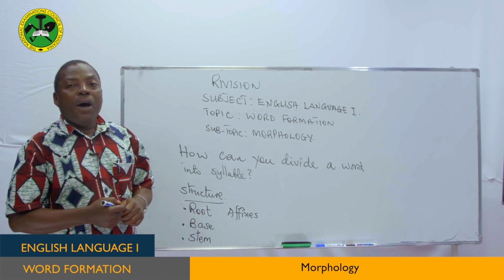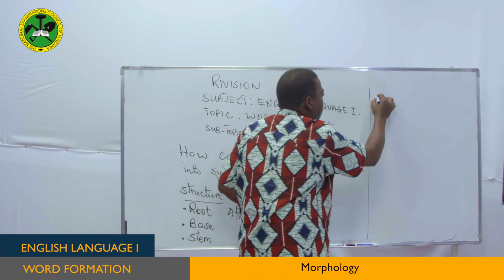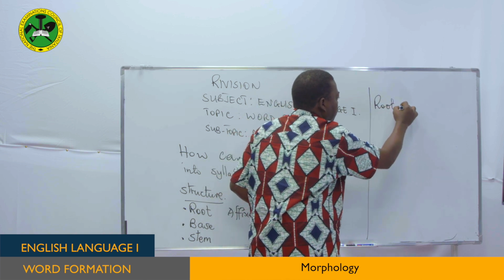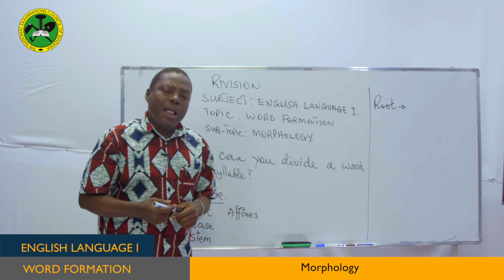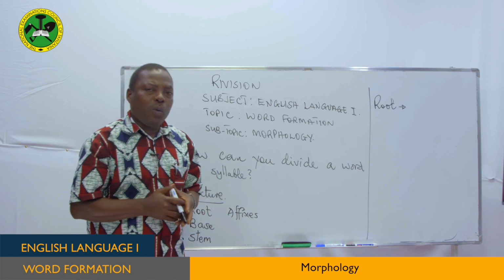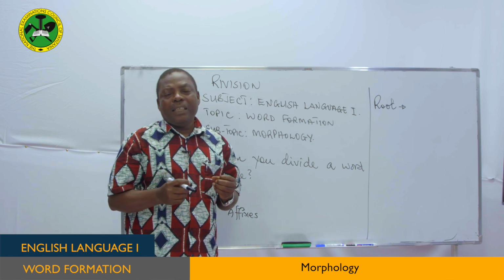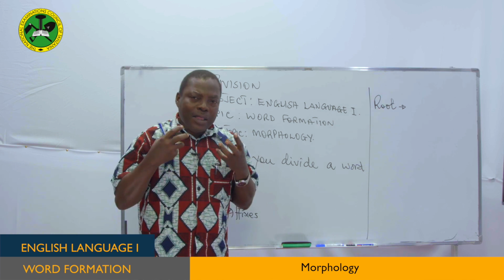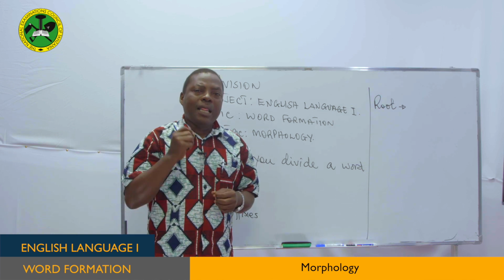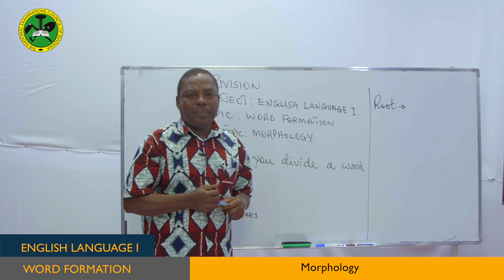Beginning with a root. A root is said to be a basic part of a word. Basic in the sense that it is the part of a word that carries the meaning that a word wishes to present.